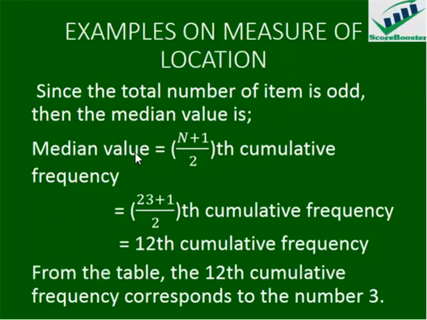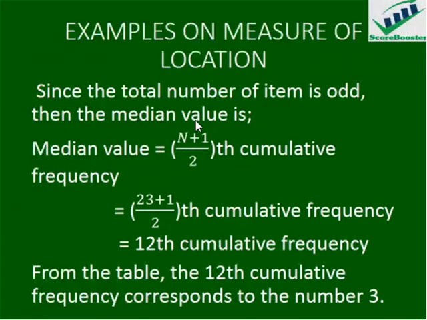We have to obtain where the median value is. So the median position will be equal to n plus 1 over 2 in the cumulative frequency. Assuming it is an even number, the median value will be n over 2 plus n over 2 plus 1, everything over 2. Where it falls in the cumulative frequency, the number corresponding to that cumulative frequency will be the median value.